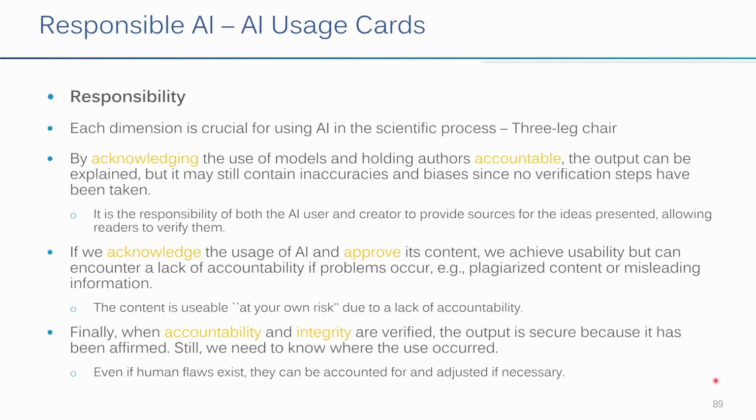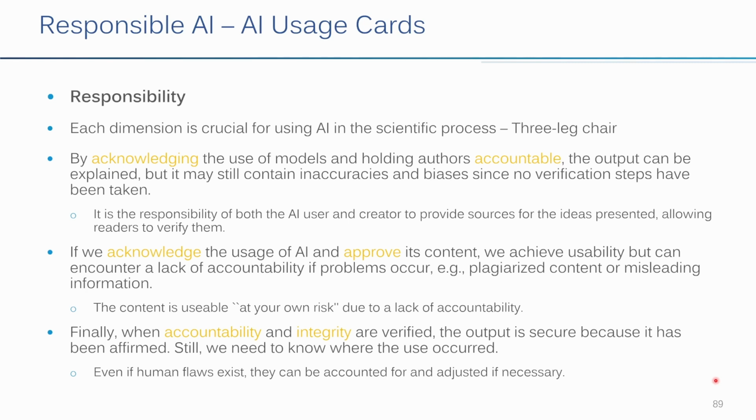And then when we have accountability and integrity verified, the output is secure because it has been affirmed. Still, we need to know where the use occurred or when the model was applied.